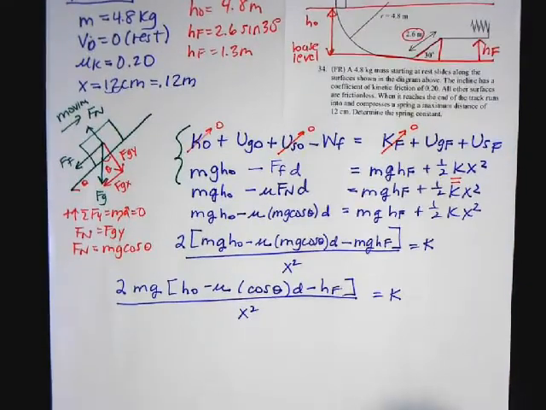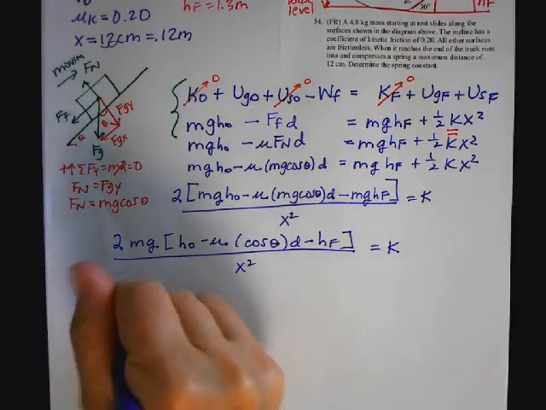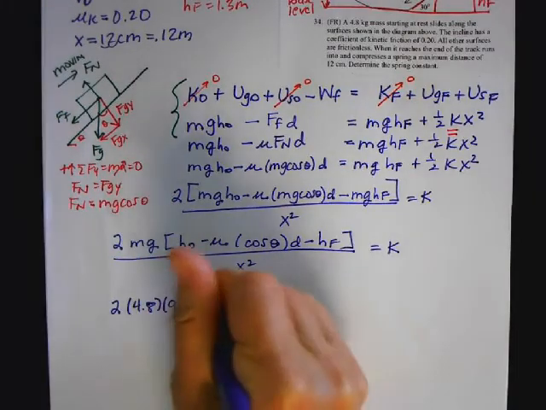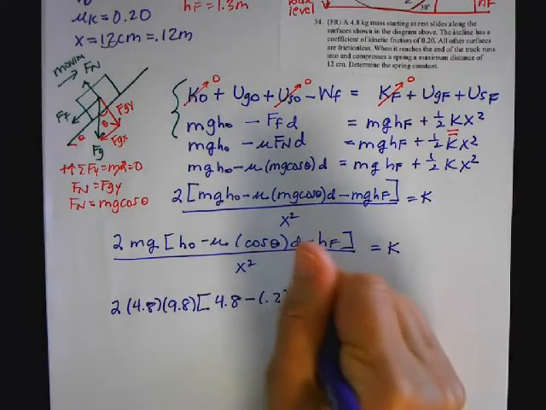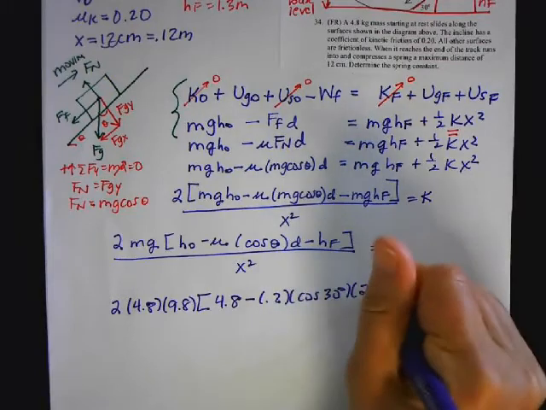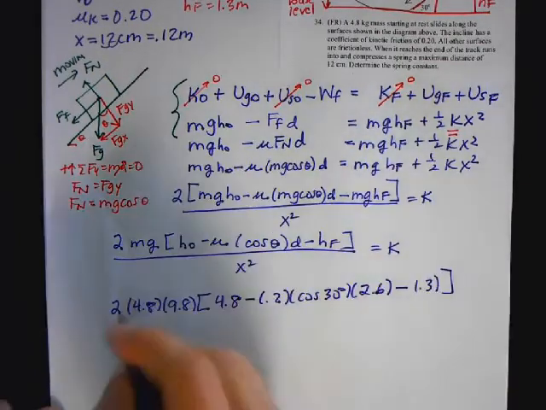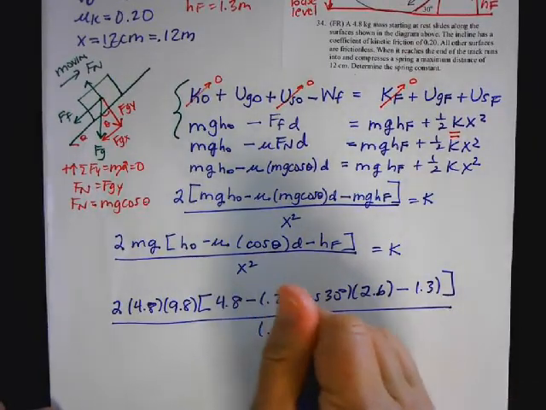Okay. So now I can go ahead and I can substitute that in, and I can say 2 times 4.8 times 9.8 parentheses 4.8 minus 0.2 times the cosine of 30 degrees times 2.6 minus 1.3, have to be careful there with my parentheses, divided by 0.12 squared.